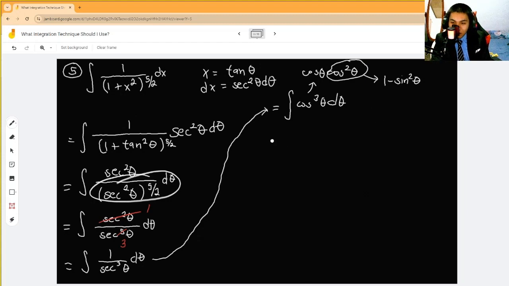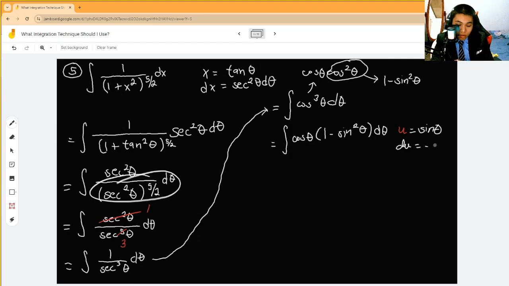That's pretty good. Since, look over here, we have the integral of cosine theta times 1 minus sine squared theta d theta. And now we can finally do a nice u substitution here, where we can let our u be equal to sine theta, and the derivative of that is cosine, right?